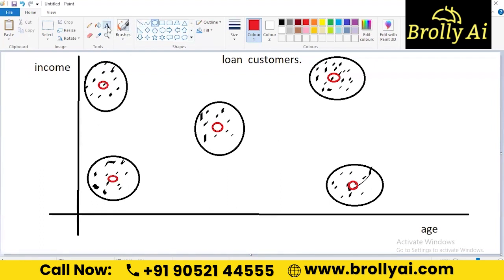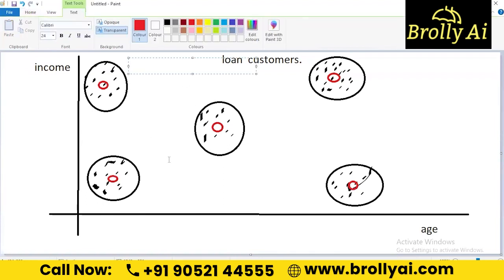Let's say, look into this cluster. What the banker identified is, in this cluster there are 350 people or 300 people. Out of 300 people, 260 people paid the loan well, and the remaining 40 people did not pay well.